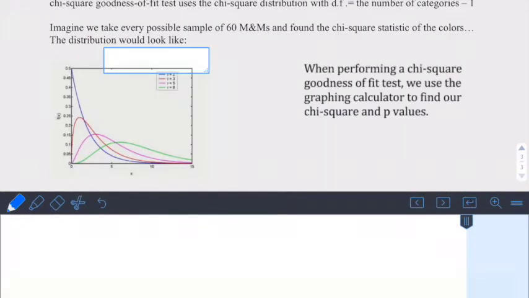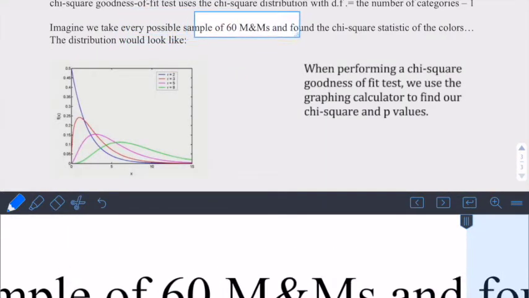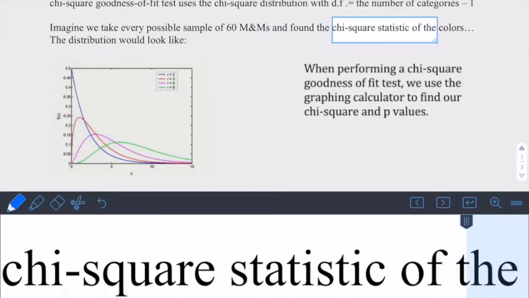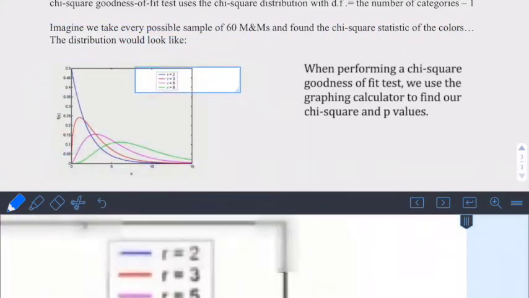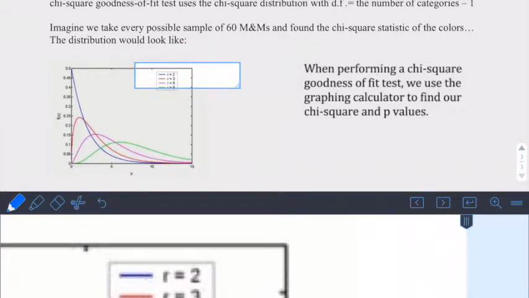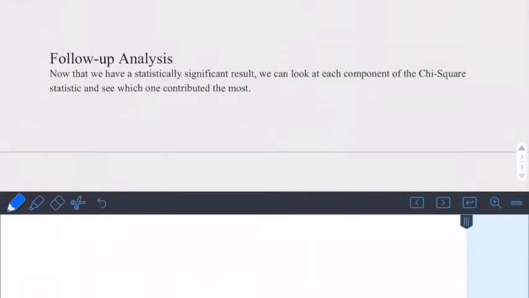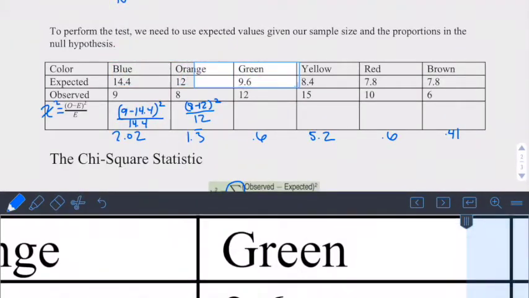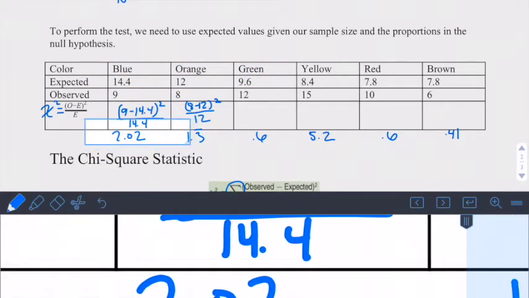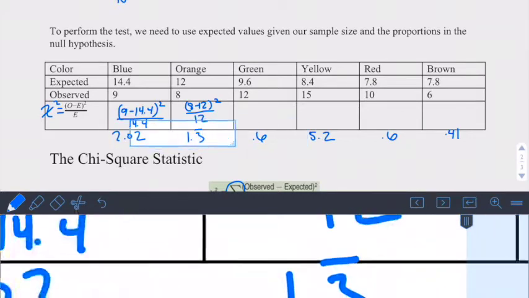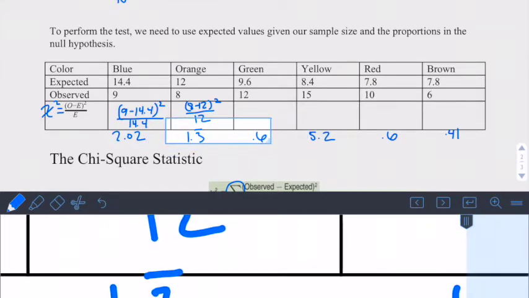Okay, and then if we imagine every possible sample of 60 M&Ms, when we find the chi-squared statistic of the colors, the distribution will look different dependent on the degrees of freedom. So if there's 2 degrees of freedom, let's think about what that looks like. So there's 3 categories, which means there's 2 degrees of freedom. Well, we're only adding up 3 little errors, so there's not going to be as much skewness.